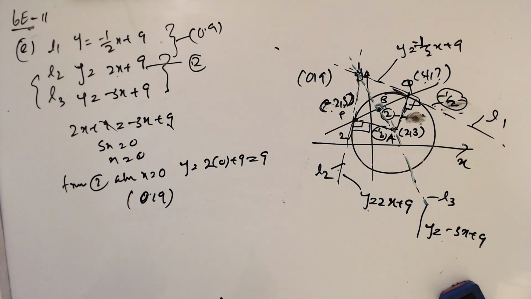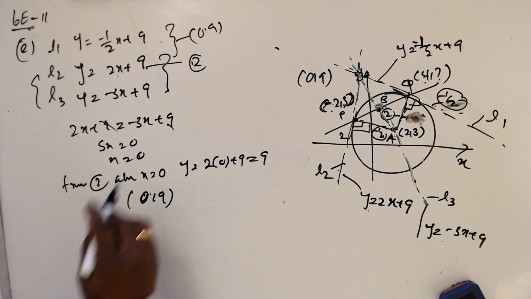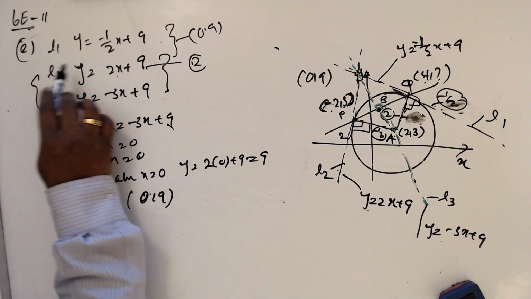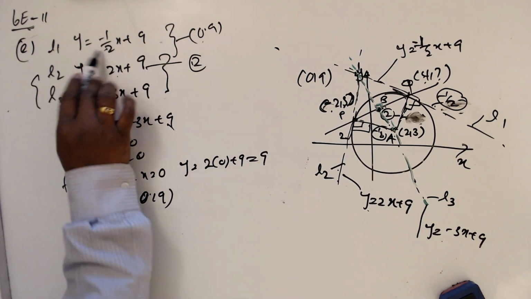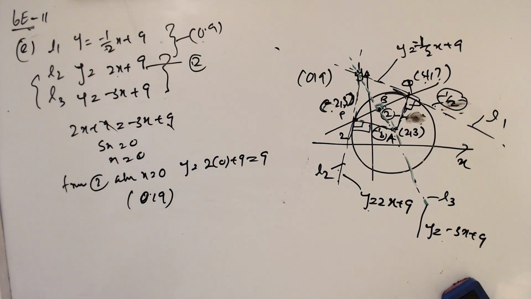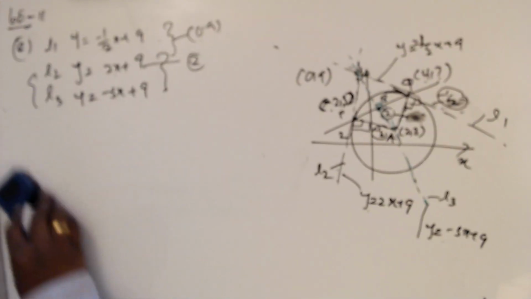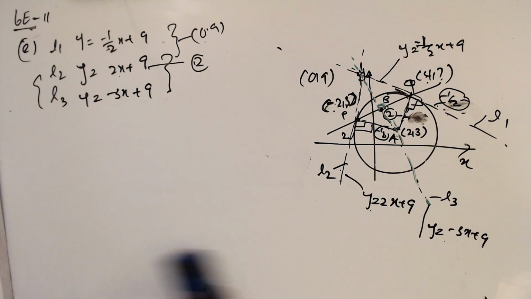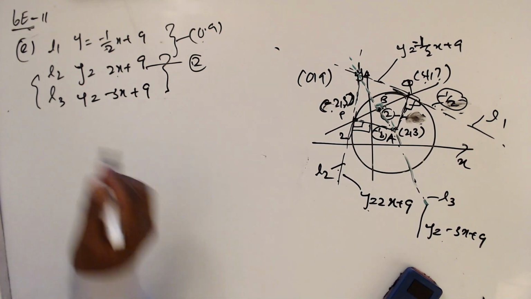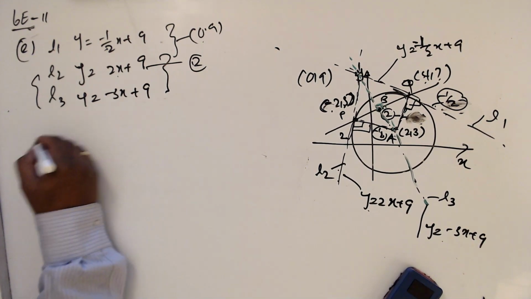You can solve those two and show this is (0, 9) as well. Now I will solve L2 and L3. The second method is I want to substitute (0, 9) into the equation and show that it is satisfied. So I'm going to do that second method.